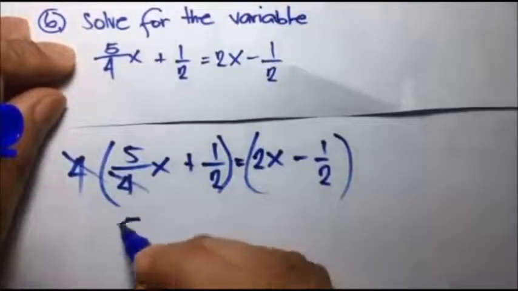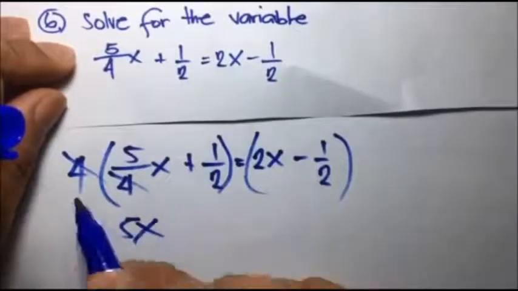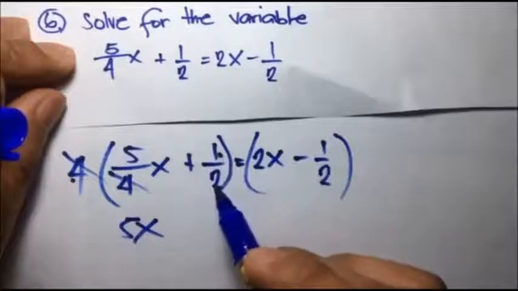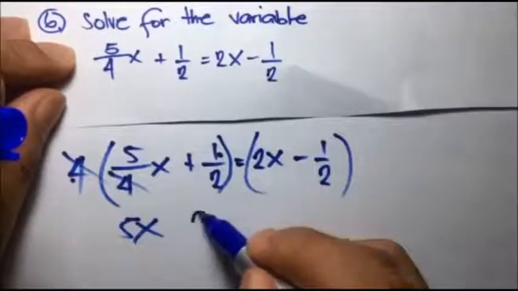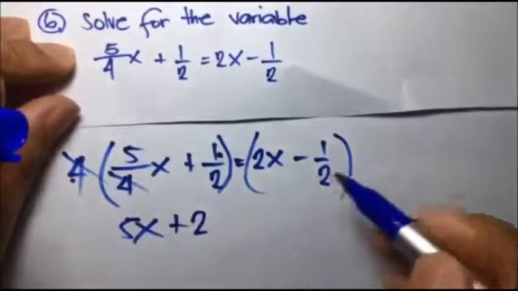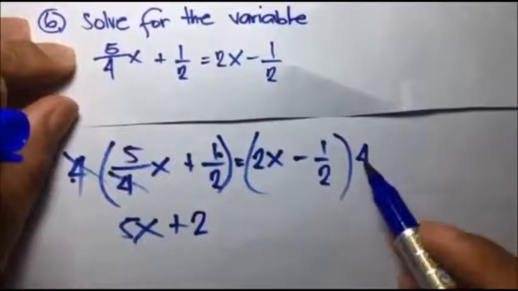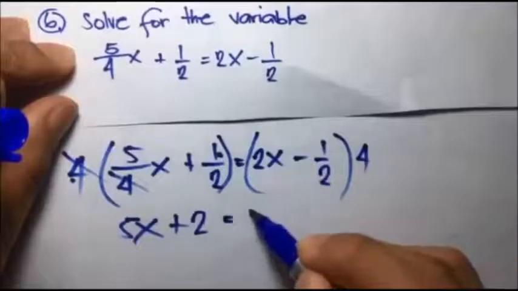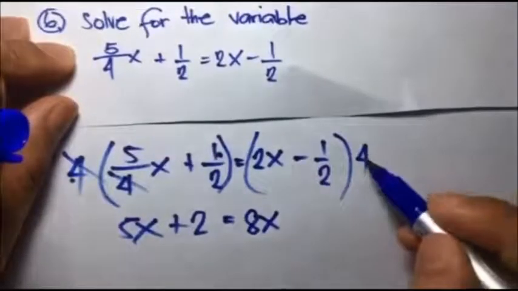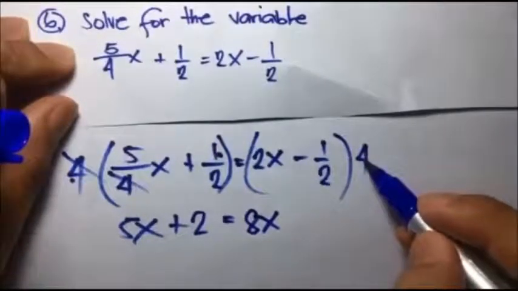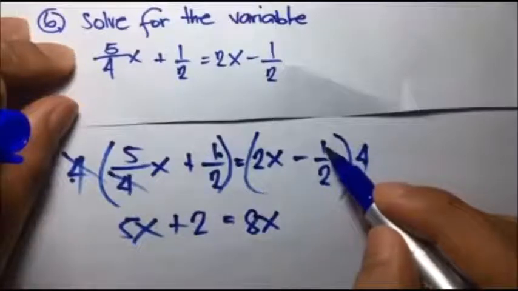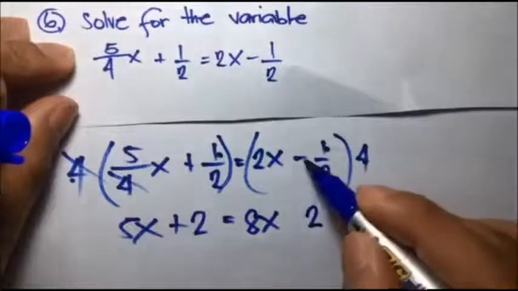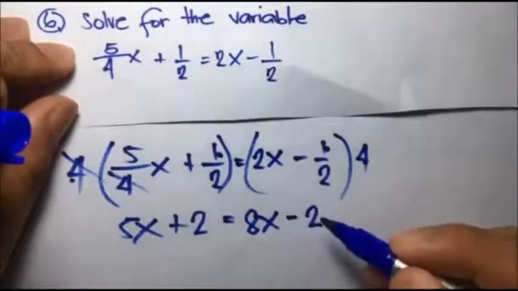Then we have 5x. 4 times 1 is 4, divided by 2 is positive 2. And then 4 times 2x is 8x. 4 times 1 is 4, divided by 2 is 2, and the sign is negative.